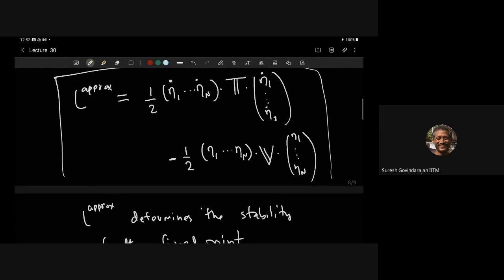We will see that we can reduce this to solving a particular kind of eigenvalue problem, and the signs of the eigenvalues will determine the stability, just as we saw that d square V by dq square should be positive.